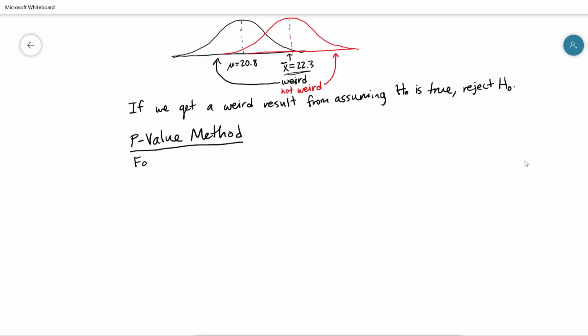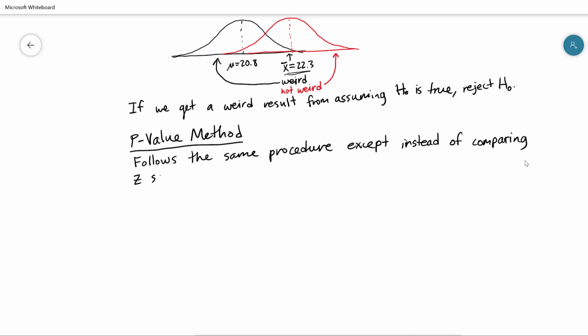This follows the exact same idea and the same exact procedure, except instead of comparing z-scores to decide if our result is weird, we'll just compare the two areas themselves.